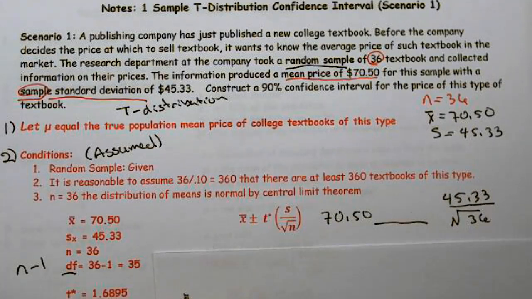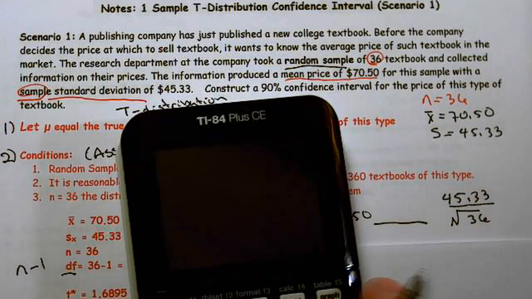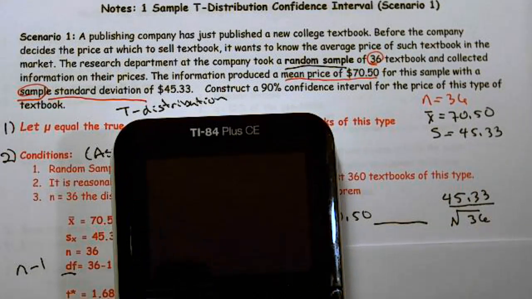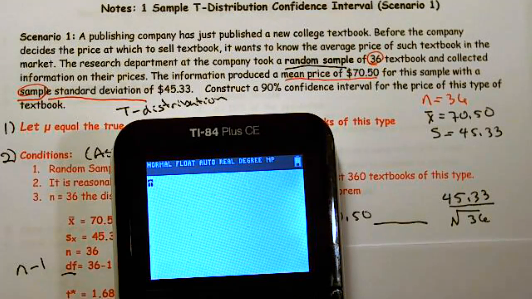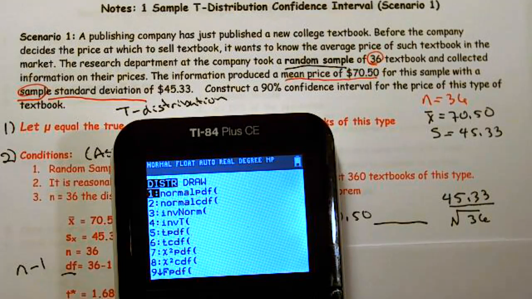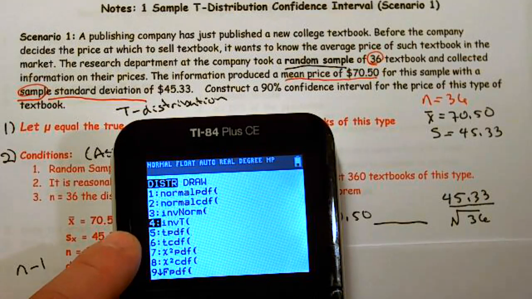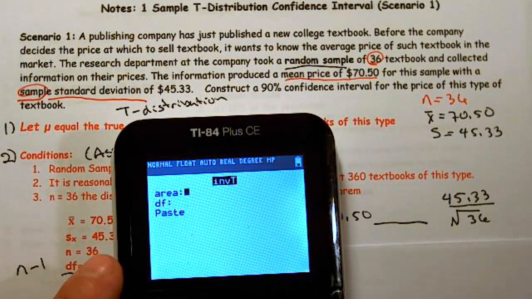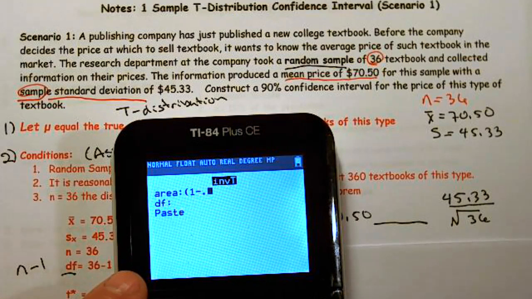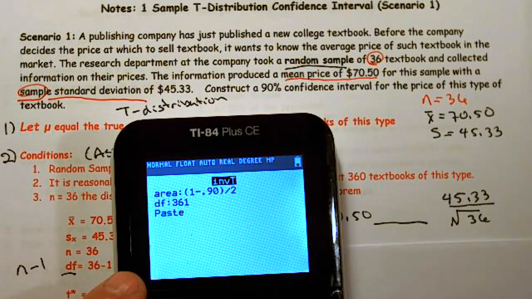Well, now I need to calculate t star. It's going to be very similar to when we calculated z star. But instead, we're going to go second vars, and we're going to go inverse t, which happens to be number 4. Second vars, inverse t. And we're supposed to do a 90%, so parenthesis 1 minus 0.90 divided by 2. Degrees of freedom are going to be 36 minus 1.